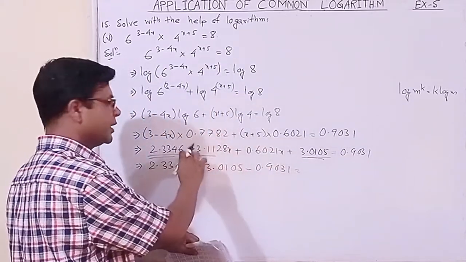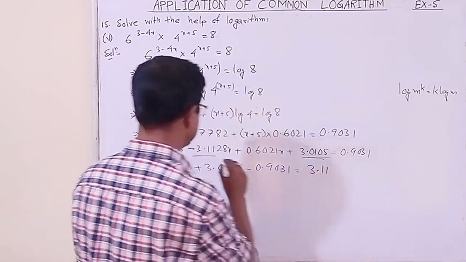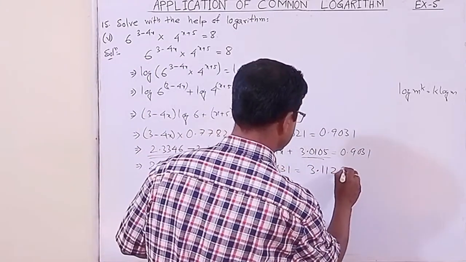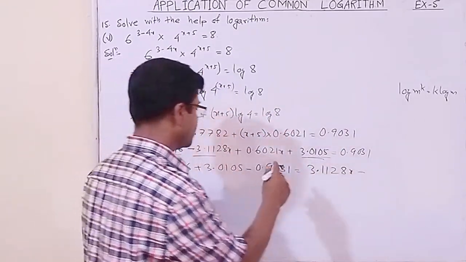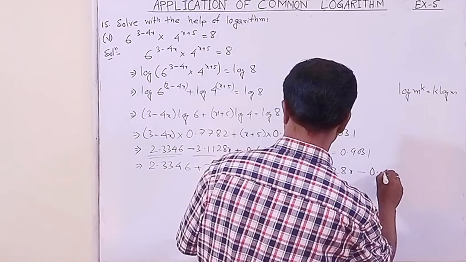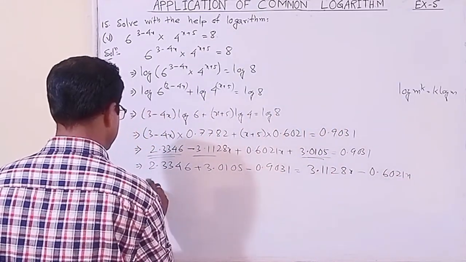Okay, this is the term containing x. Let us take it on the other side. 3.1128x, then this term, it is plus, on the other side it will be minus 0.6021x.